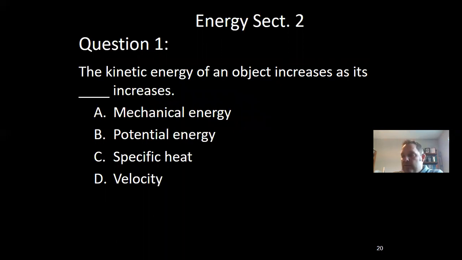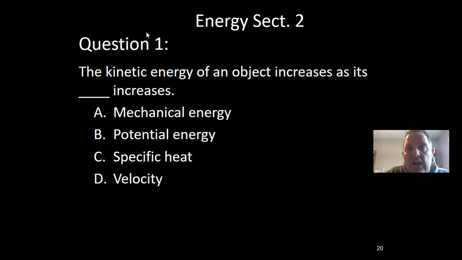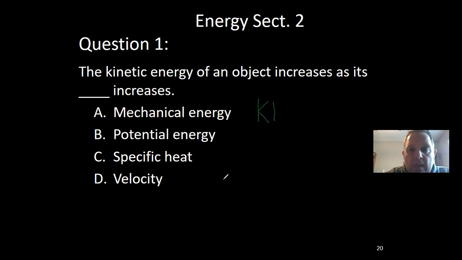All right, let's hit some questions here. The kinetic energy of an object increases as its, well, let's go back and think to ourselves, what is kinetic energy? Kinetic energy is 1/2 mass times velocity squared.